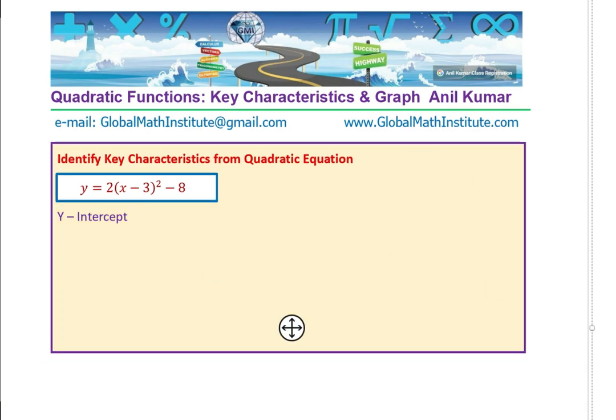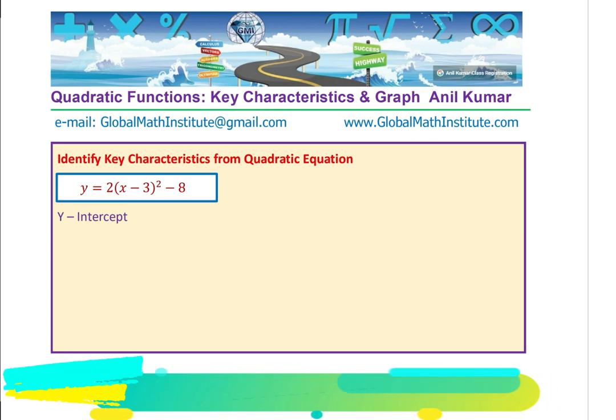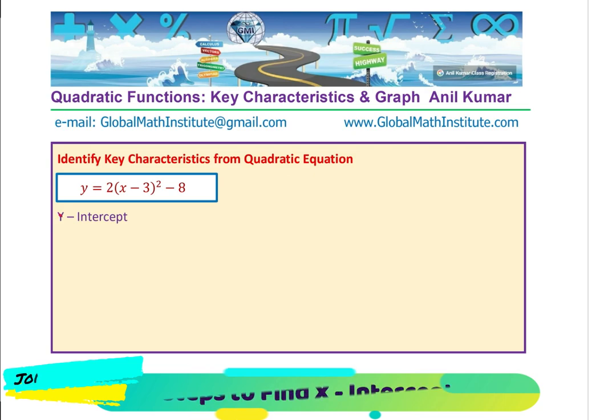Now let's look into x-axis, x-intercept. Now x-intercept is not always an integer. It's very difficult to find, right? We already found the y-intercept. So now let's find the x-intercept.